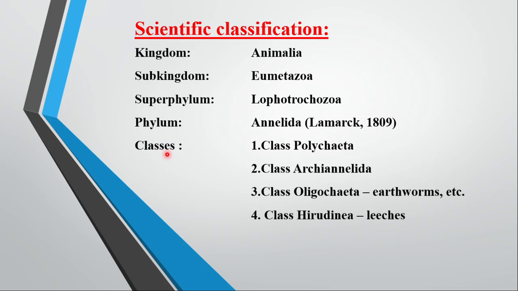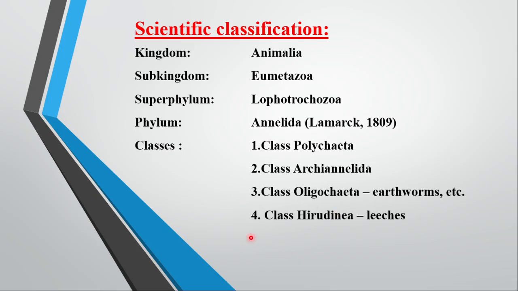In this phylum Annelida, we will study four classes in our practical syllabus: class Polychaeta, class Archaeannelida, class Oligochaeta, in which earthworms and other species are studied, then class Hirudinea, in which we will study leeches or cattle leech.